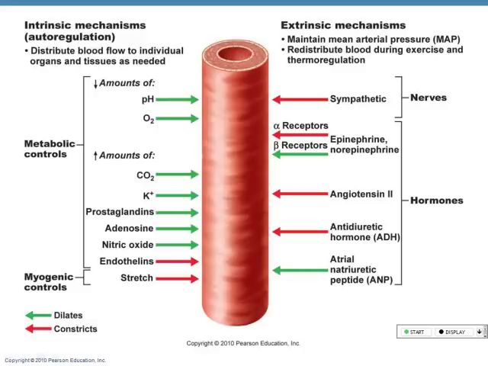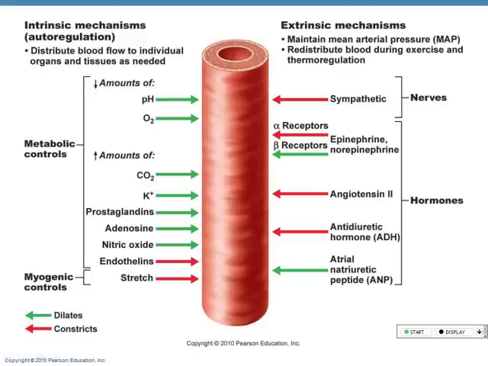If I make a blood vessel big, what am I going to do to pressure in the system? Decrease it. So when blood pressure goes up, ANP is released by the heart, in that same region as those baroreceptors, and is going to help regulate pressure in the system. When pressure goes up, that hormone is going to cause vasodilation.